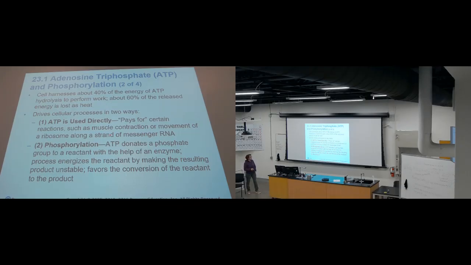So ATP is used directly, so it pays for, again, it's an investment. And then the process of adding phosphate groups, not only to ATP but to other molecules, is done by enzymes like kinases. Enzymes that add phosphate groups, guys, are called kinases. So this is called phosphorylation. And actually, if you remember the process of making ATP in the mitochondria, it is called oxidative phosphorylation.